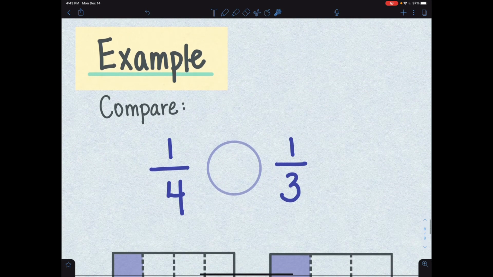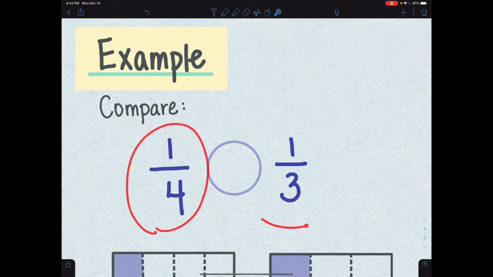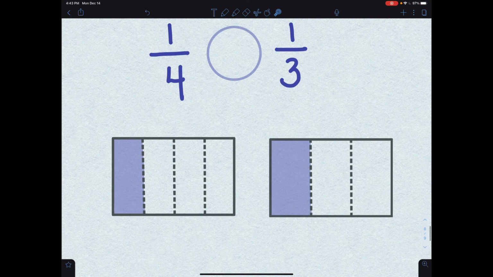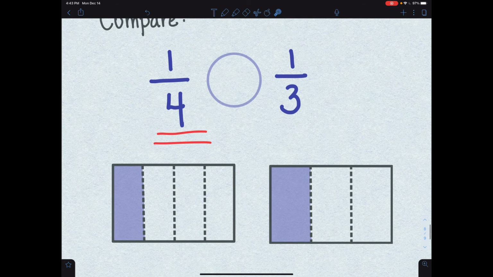All right, let's do an example. For this example, we are going to compare these fractions, 1/4 and 1/3, okay? So to do this, we are going to draw and shade two rectangles, and I already drew them here. So this is rectangle 1, and this is the one that's going to be 1/4, and this is rectangle 2, and this is going to be the one that's 1/3. So for the 1/4, I cut it into 4 pieces, okay?